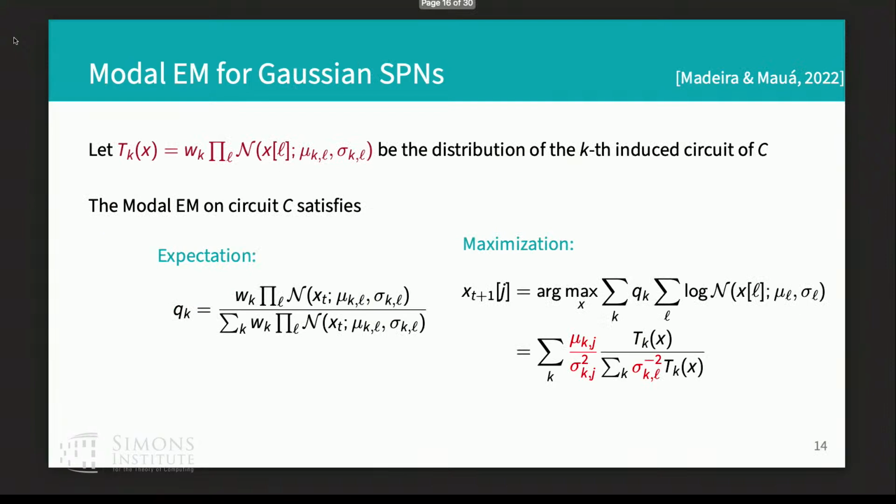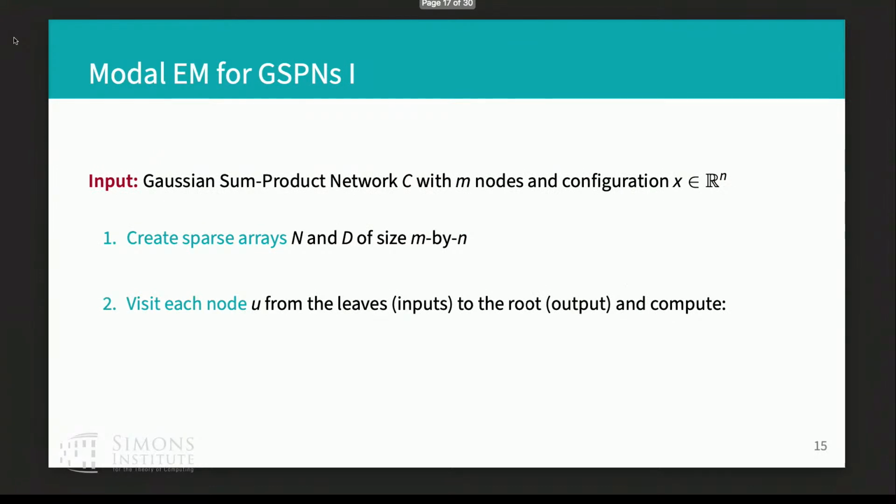Right. So of course this is not really efficient because you are summing over an exponential number of things, but because of the decomposability of the circuit, you can actually do it efficiently in the circuit. So very quickly, let me tell you how the algorithm works.